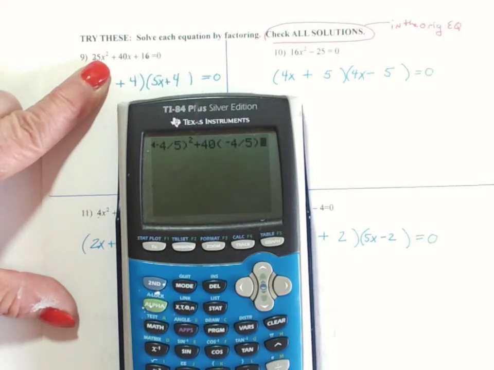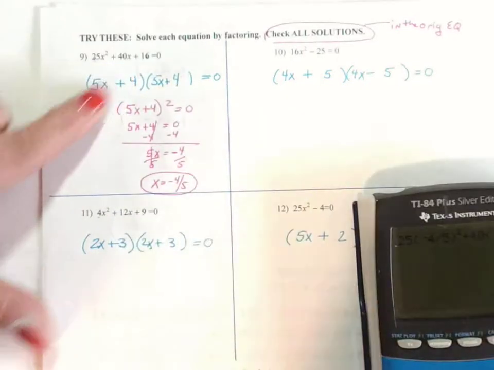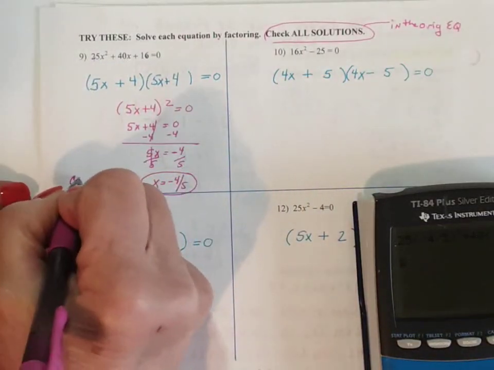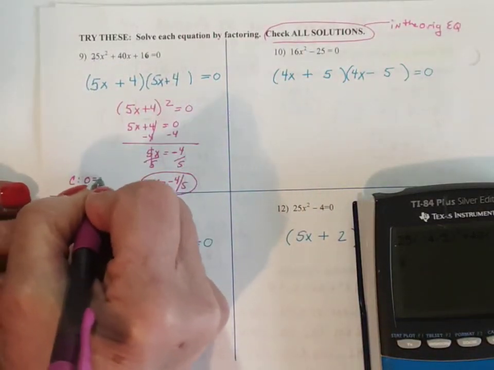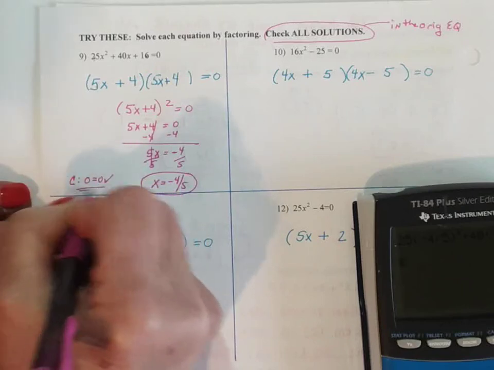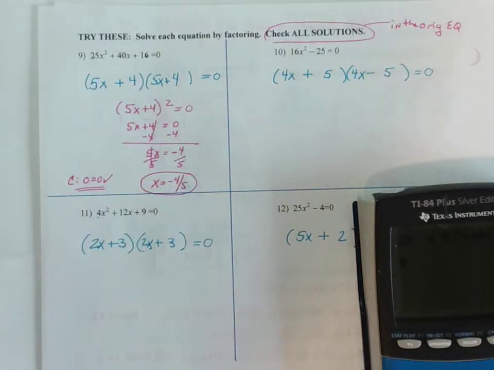Plus 16. All right. And so when I checked it, I got 0 equals 0. Cha-ching, it checks, we're happy.